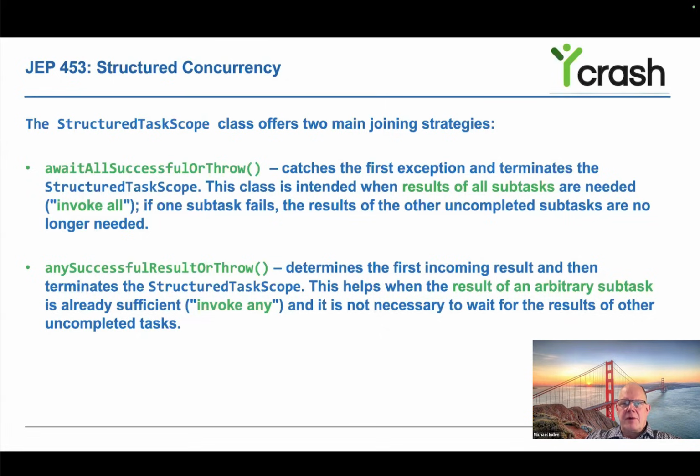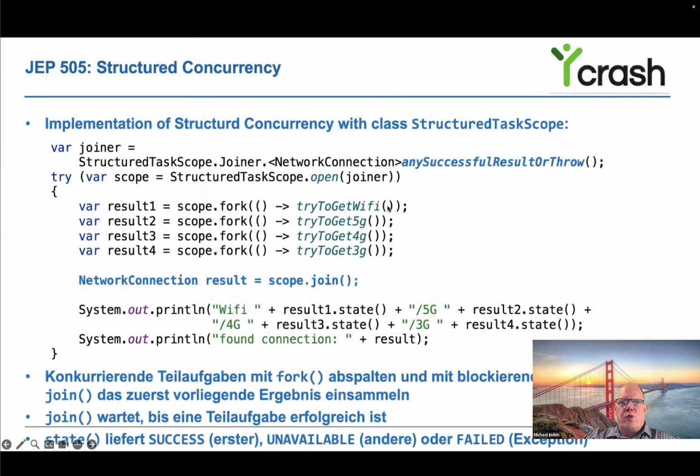Let's say I'm doing something like a price search, or a search on the internet, and the first one is good enough. Then that's fine. Or let's say we want to try to connect to our wireless, and we are trying out some of the connections, and the first one wins, hopefully the fastest one.